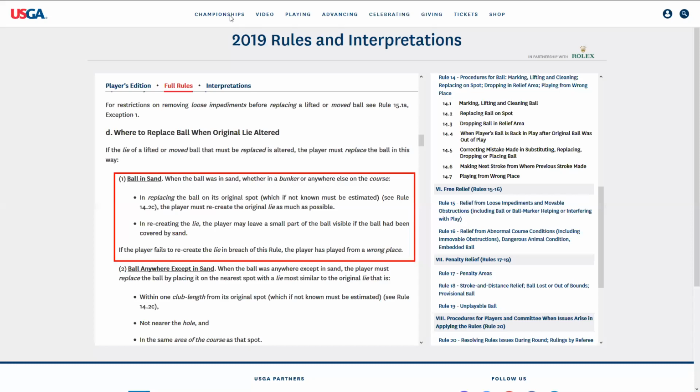Before the ball was hit, your ball was in a divot hole. You look within 1 club length and there is no divot hole within 1 club length. So that means that the nearest spot with the lie most similar is going to be in the divot hole that is now presumably a little bit deeper. There's an interpretation on that, by the way.